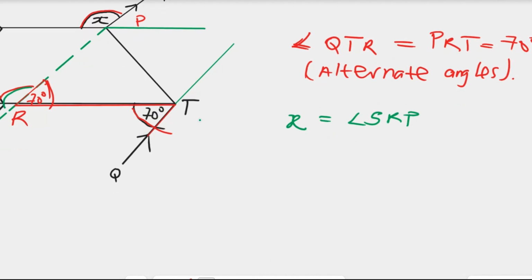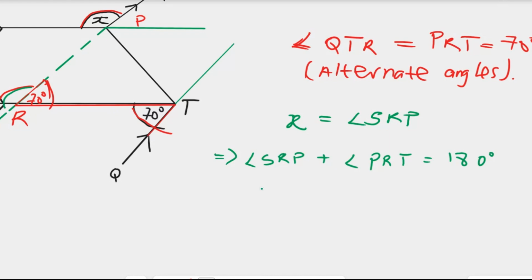Angle SRP, which is x, and 70, they form angles on a straight line. So this implies that angle SRP plus angle PRT is equal to 180 degrees.